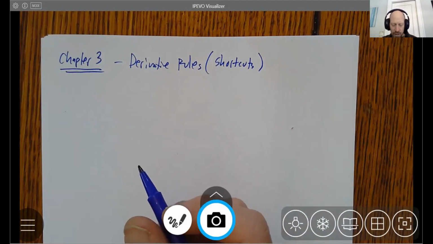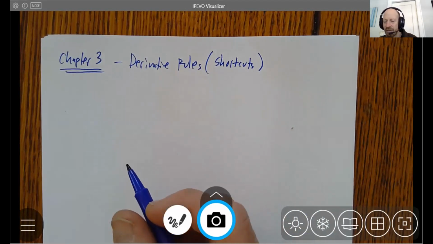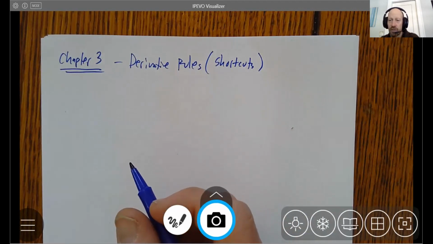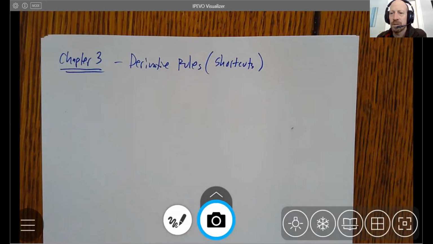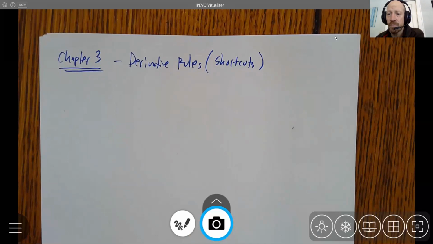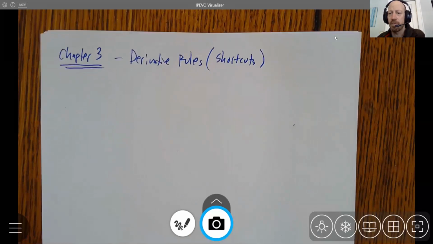So what we'd like to do here is get better at finding derivatives, which involves shortcuts, right? Shortcuts sort of have a negative connotation, like they're bad somehow. They're not bad at all. They're very useful. We don't always want to go the long way to solve these problems.